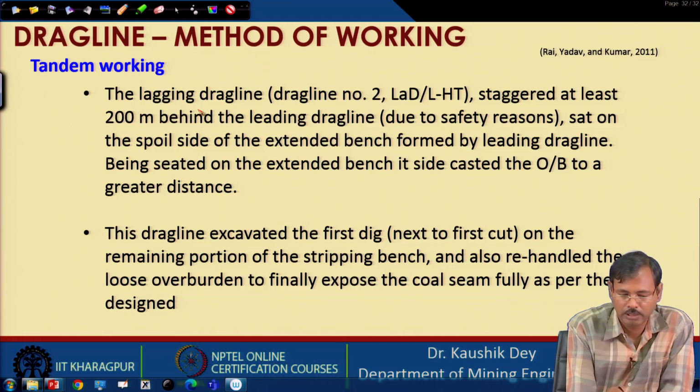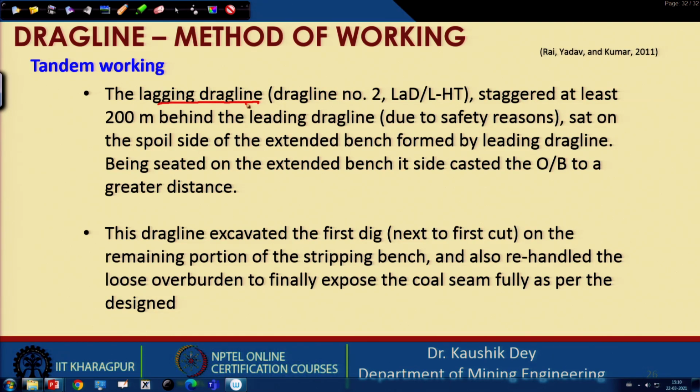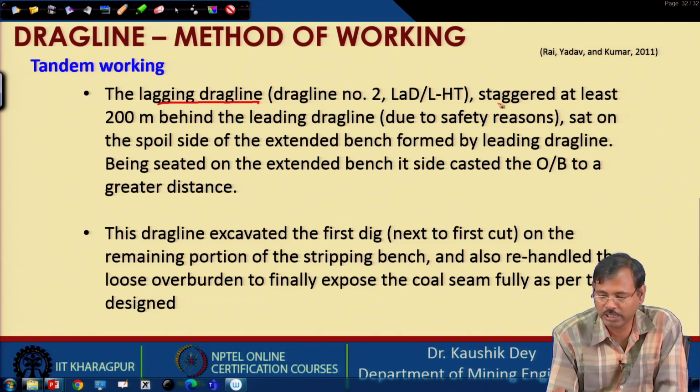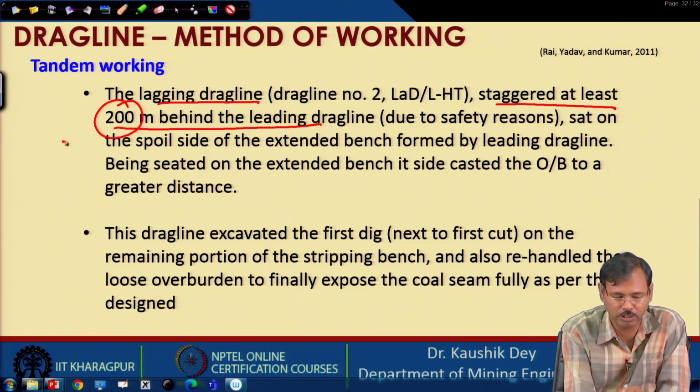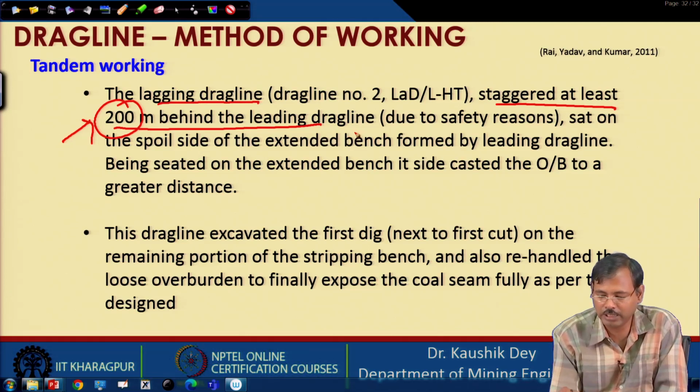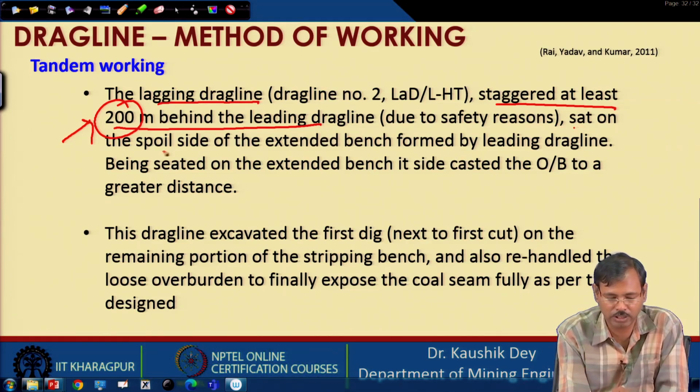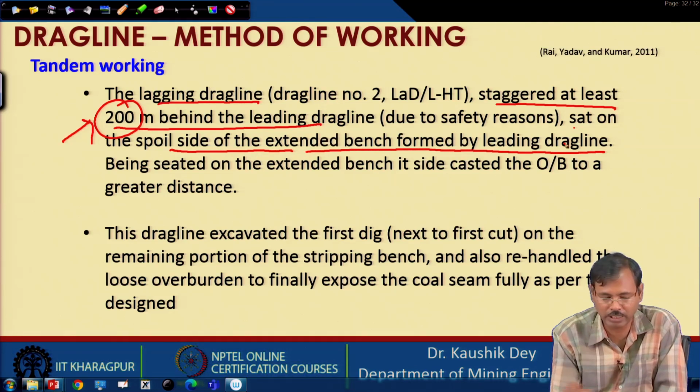And the lagging drag line, that is drag line number 2, is staggered at least 200 meters behind, depending on the reach, behind the leading drag line, and sits on the spoil side of the extended bench formed by the leading drag line.